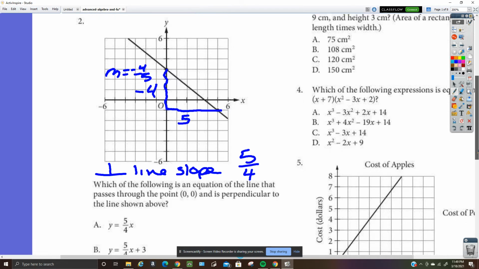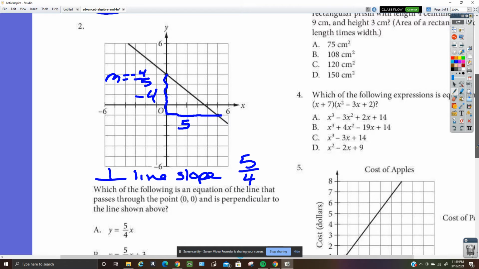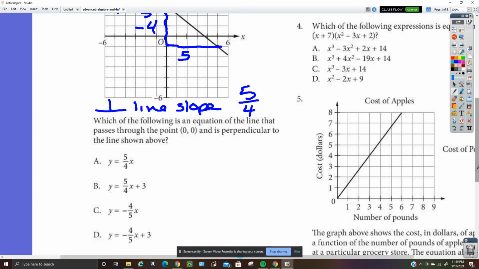And the y-intercept is 0. So if I look at the answers, I can eliminate these two. That's the wrong slope. This is the correct slope, but the y-intercept would be 3 here. So the answer is y equals 5/4 x.